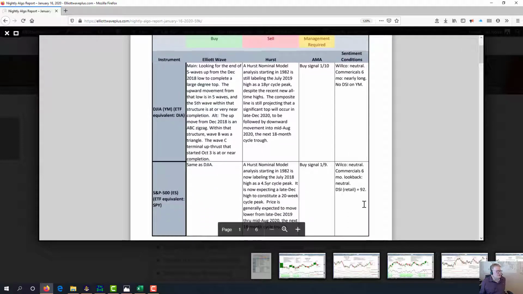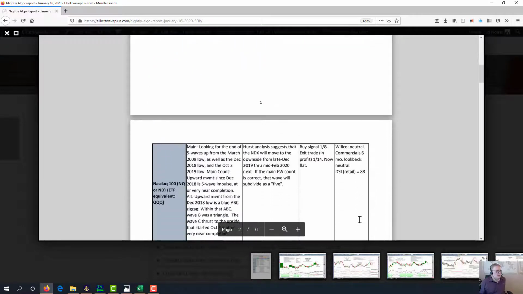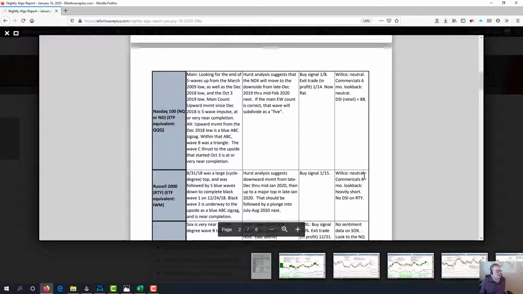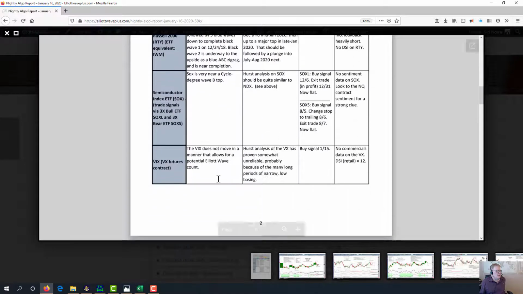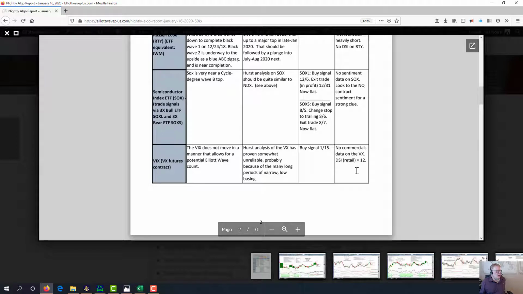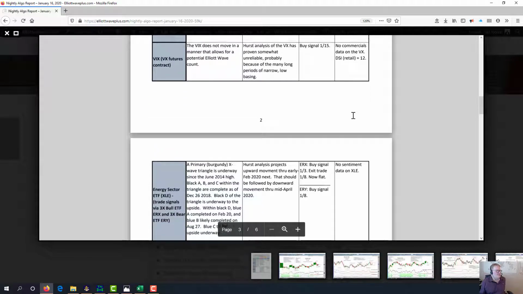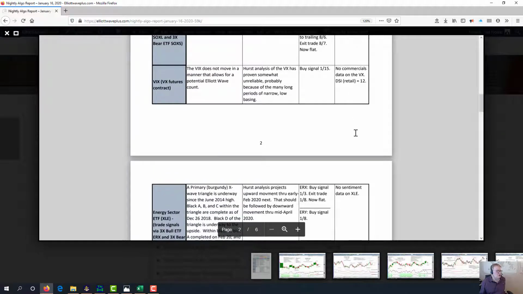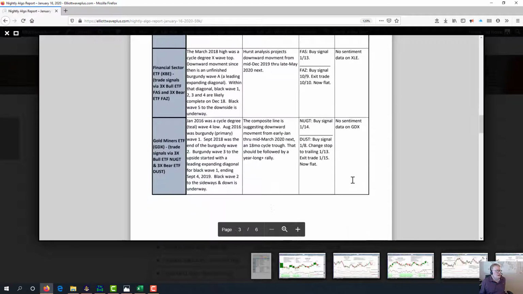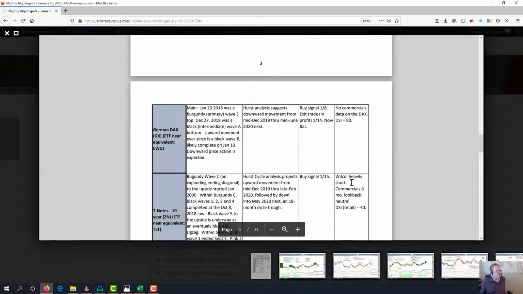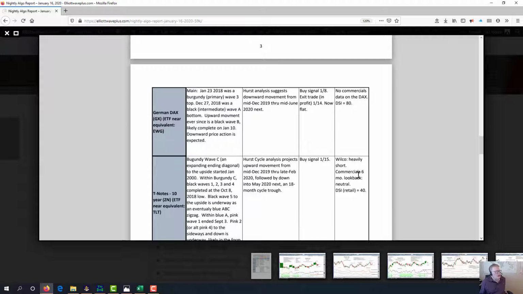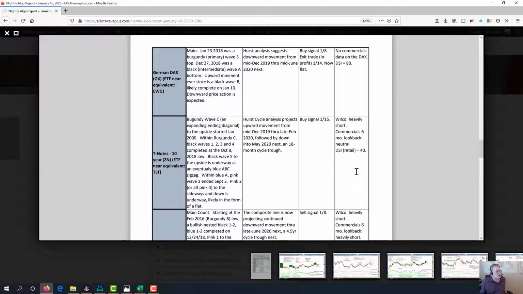So all of that is included on the spreadsheet. You can see that the Nasdaq DSI was 88. The VIX, a very low 12. Only 12% of traders are bullish on the VIX right now. Unfortunately, there's no DSI available on ETFs at this time.